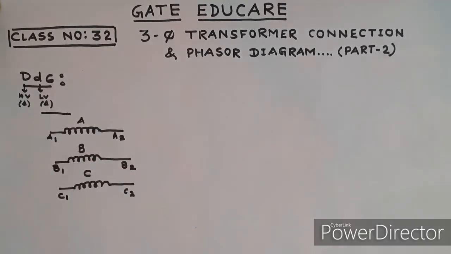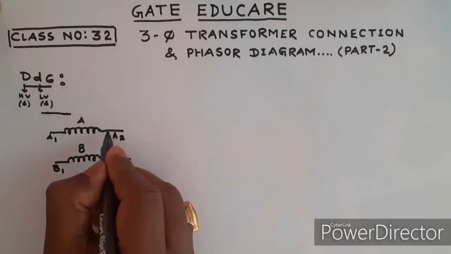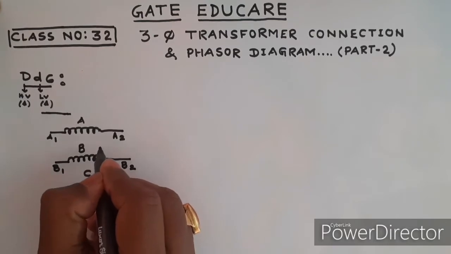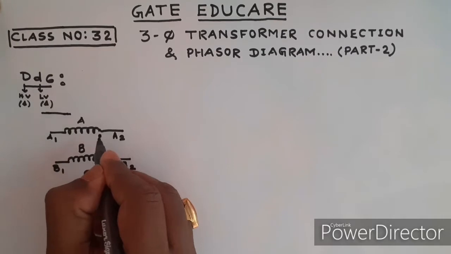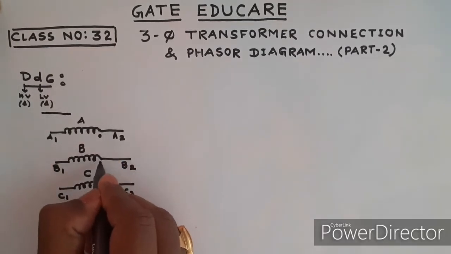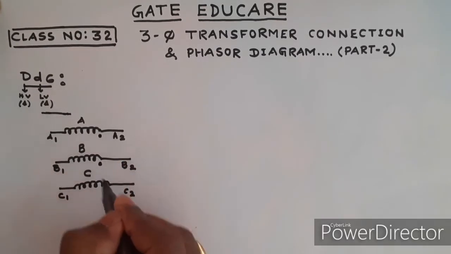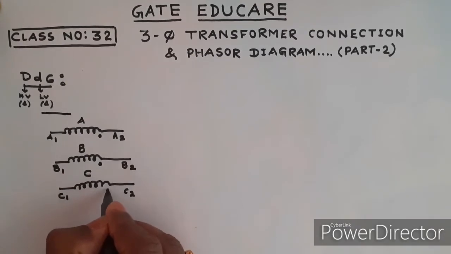As I explained in part 1, the end of the winding is identified by a dot. This is the end of winding A, the dot terminal. End of winding B, dot terminal. End of winding C, dot terminal.